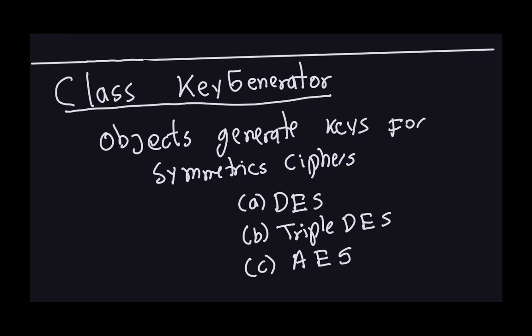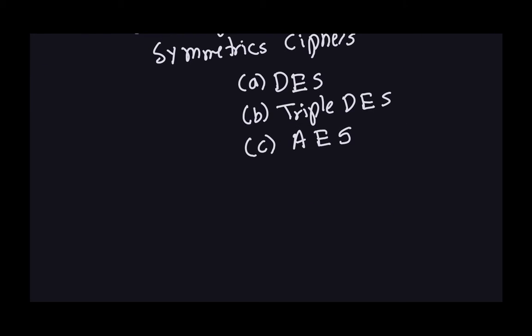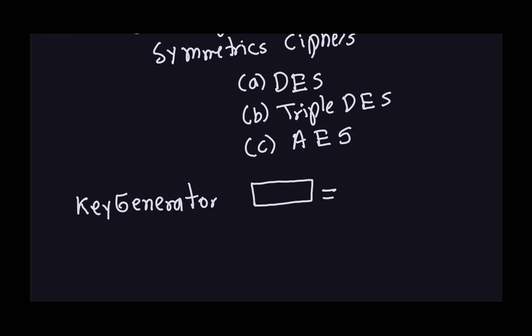I'm gonna start with the name of my class. So in Java, we're gonna write down KeyGenerator. Now you put the name of your key generator, whatever you want to name it, and then you say equal KeyGenerator.